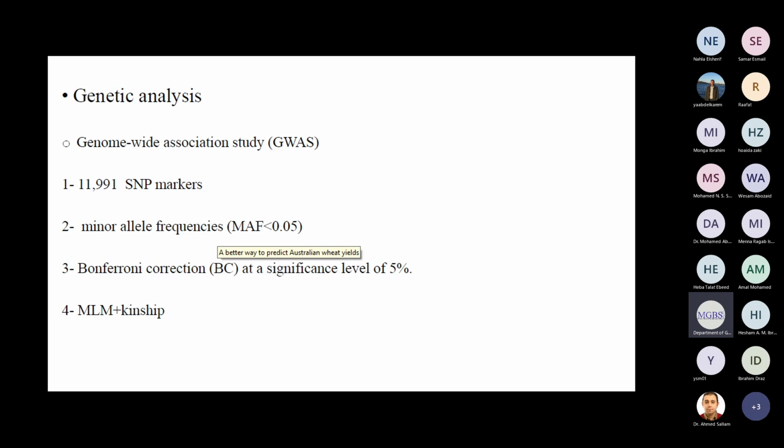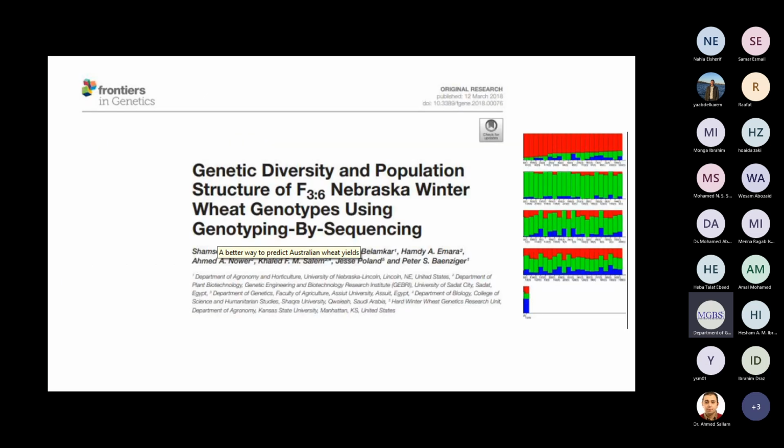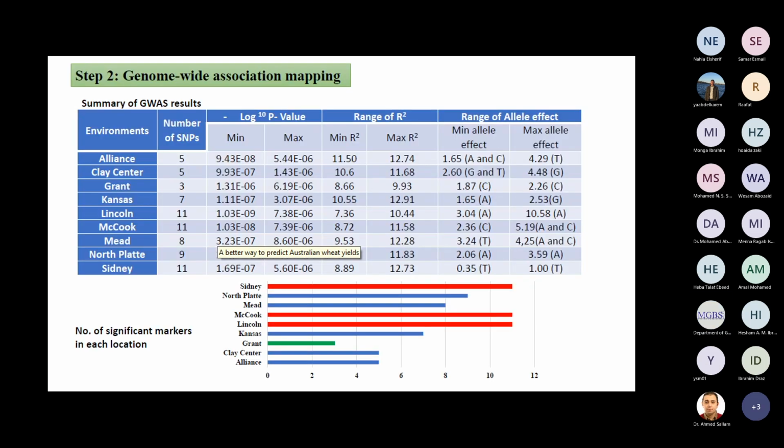This study I published with Dr. Shams, he will speak to us. And we have a nice study about genetic diversity among this population, which we published in Frontiers in Genetics.